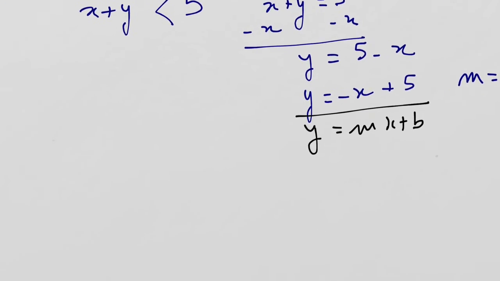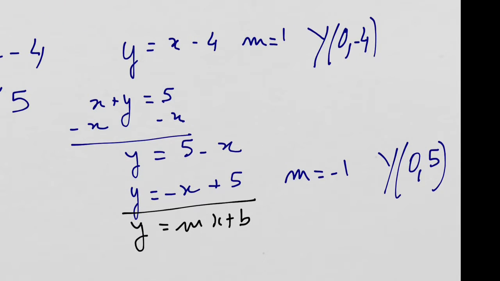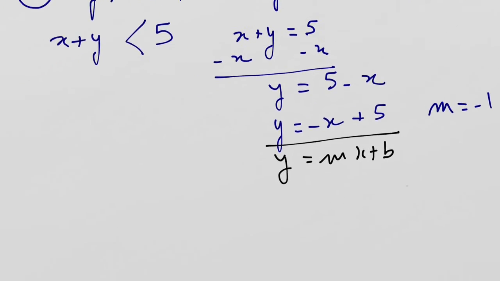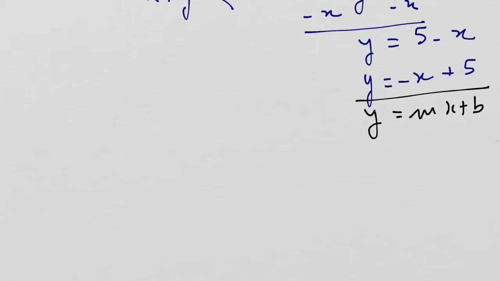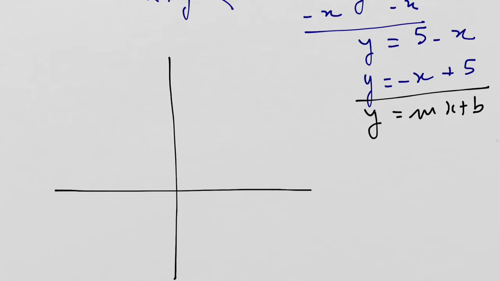So, from the point (0, -4): minus 1, minus 2, minus 3, minus 4. So that is the first y-intercept.